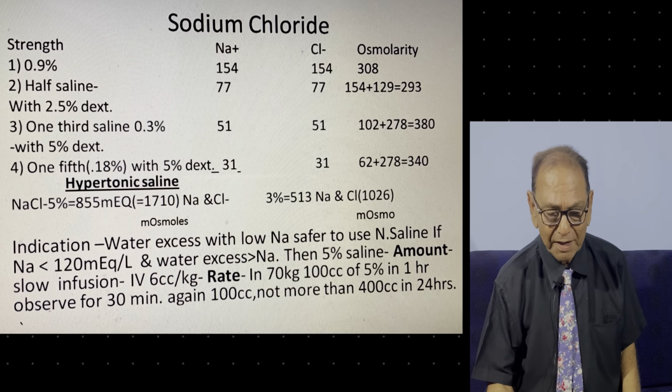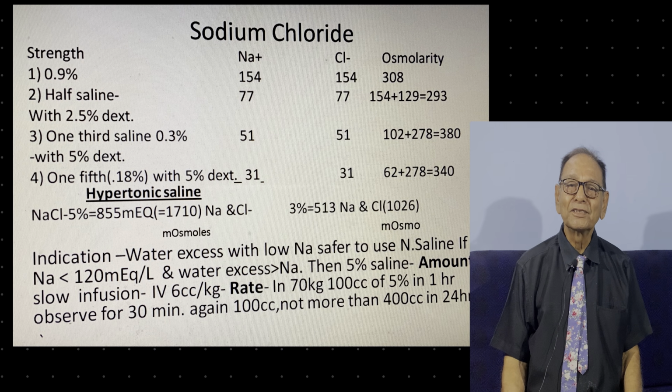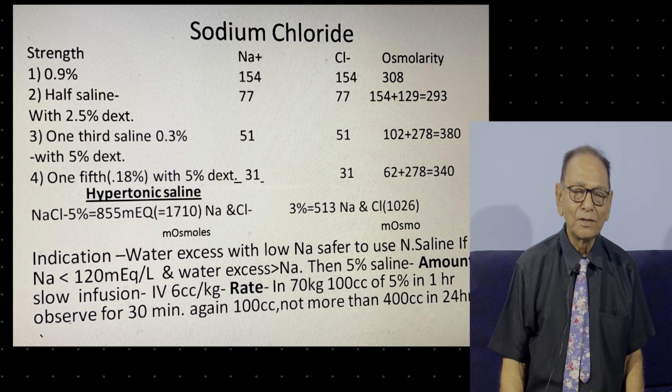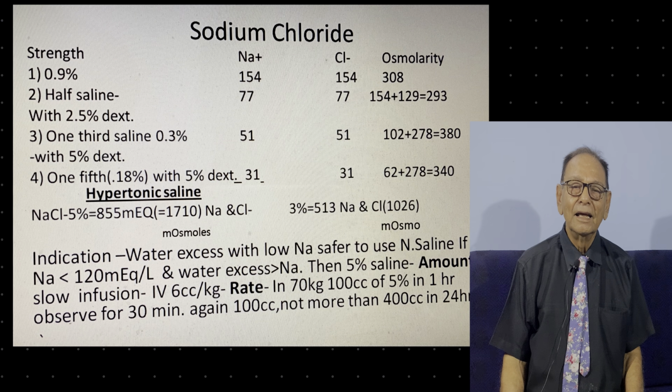Now the 0.9%, we must understand what we mean by percent. Actually, a percent, we commonly say that 0.9 gram of sodium chloride, meaning the common salt, in 100 cc of water, though it should be 0.9 gram in 99.1 gram of water actually, but we roughly take 0.9 gram of sodium chloride in 100 cc of water.